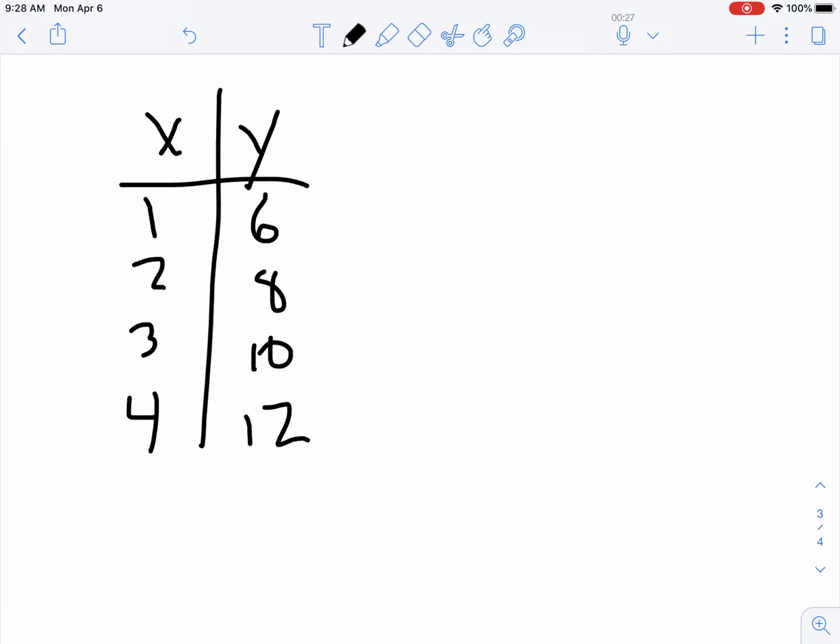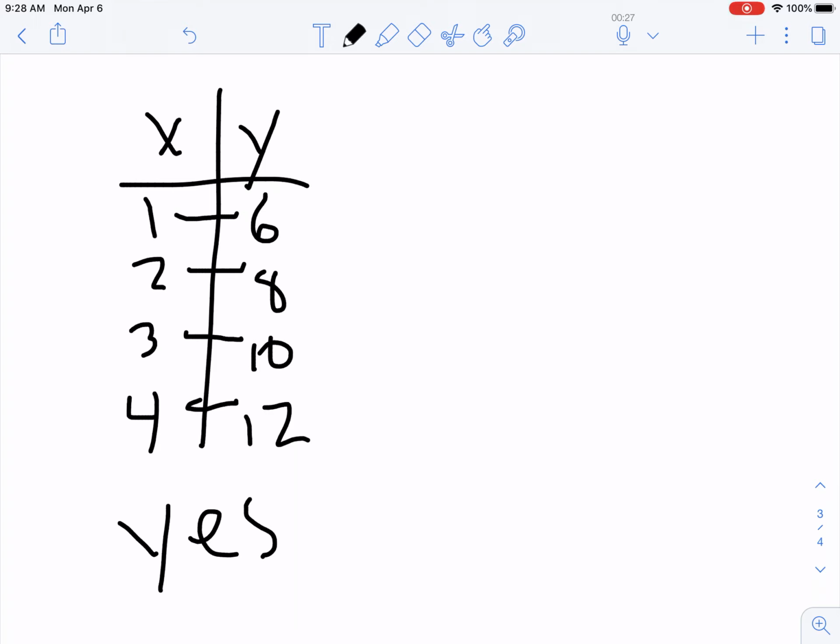Each number on the x side only has one partner on the y side. So 1 only has 6, 2 only has 8, 3 only has 10, and 4 only has 12. So that's an example of a linear relation when the x only has one y partner.